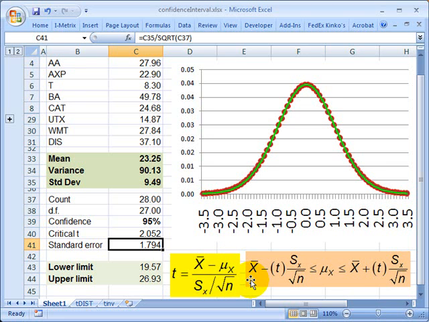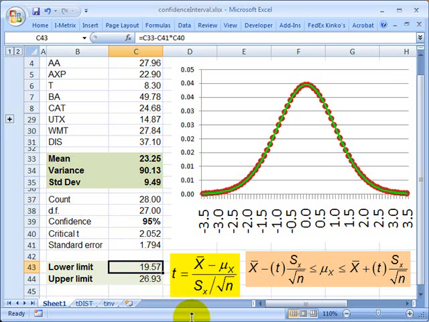So if I just rearrange this formula, what we're going to say is with 95% confidence, this true population mean right here in the middle of orange is bounded on the left by this and bounded on the right by this. Where these formulas are the same, this is just minus and this is plus. So on the lower limit, we're taking the sample mean, we're subtracting the critical t multiplied by the standard error.